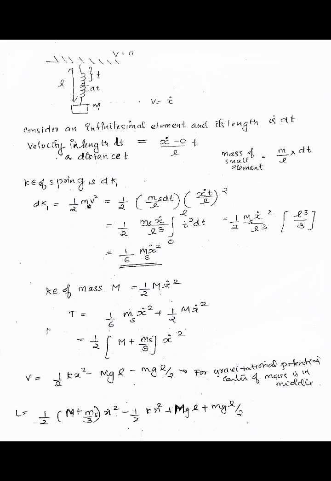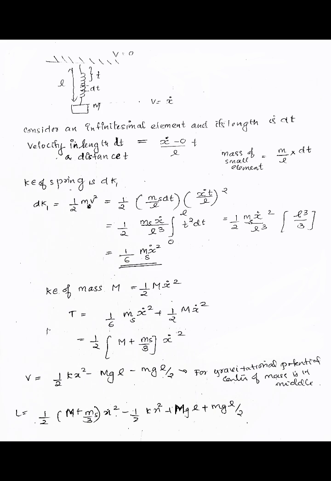The kinetic energy of the spring is dK1, that is dK1 is equal to half ms v square, that is equal to half into ms by L into dt into (x dot t by L) the whole square, that is equal to half into ms x dot square by L cubed, integral over 0 to L of t square dt, that is equal to half into ms x dot square by L cubed into L cubed by 3, that is equal to 1 by 6 into ms x dot square.